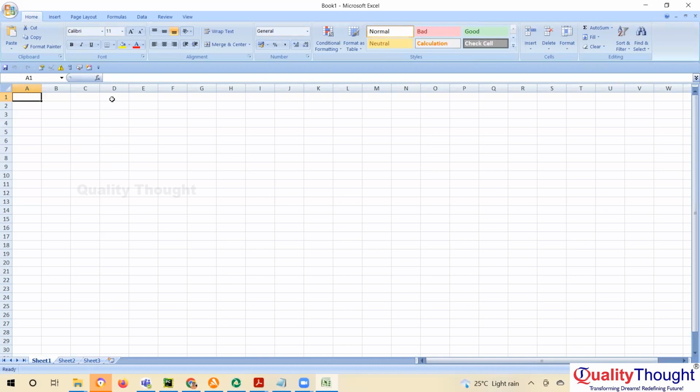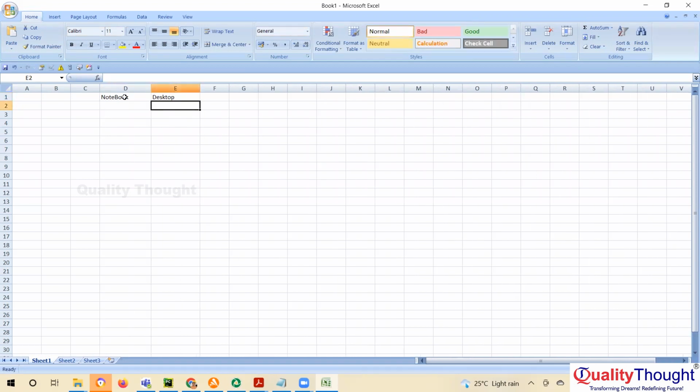So let's say this is a notebook, and this is desktop. So the question is, how many laptops and desktops should they make?